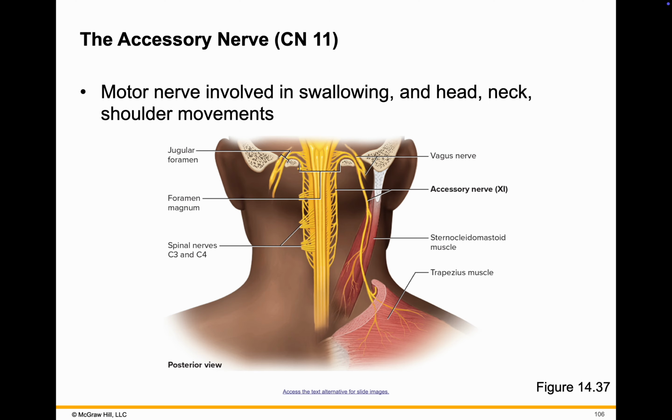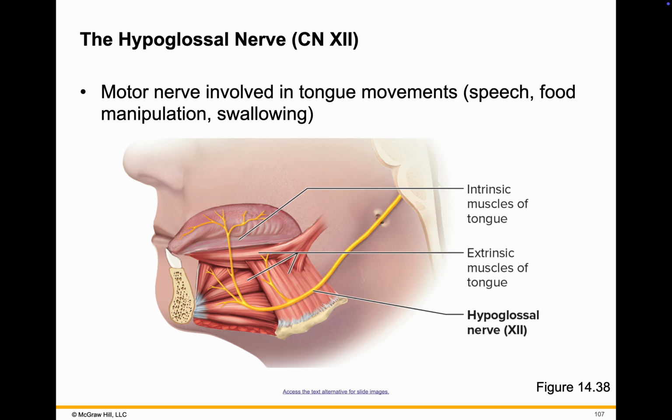The accessory nerve, 11, is a motor nerve involved in swallowing and head, neck, and shoulder movements. And number 12 is the hypoglossal nerve. It's a motor nerve involved in tongue movements, speech, food manipulation, and swallowing.